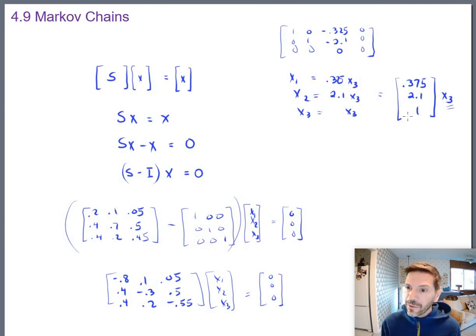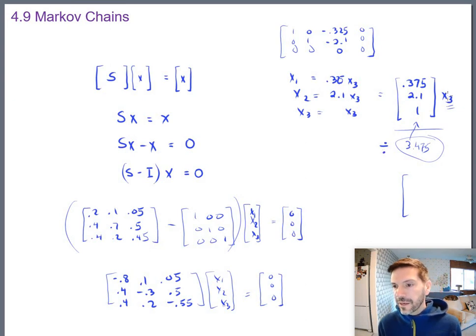So right now the whole thing adds up to 3.475.